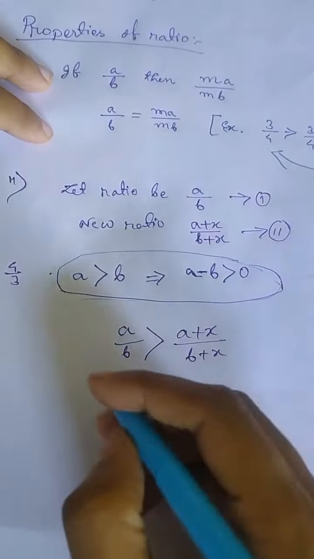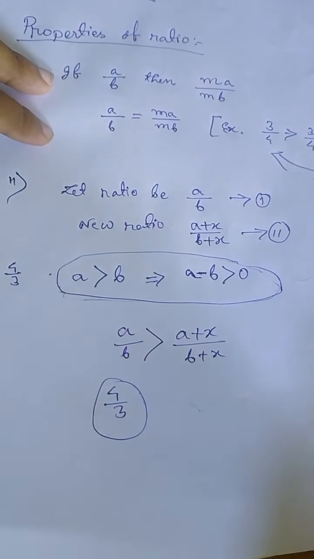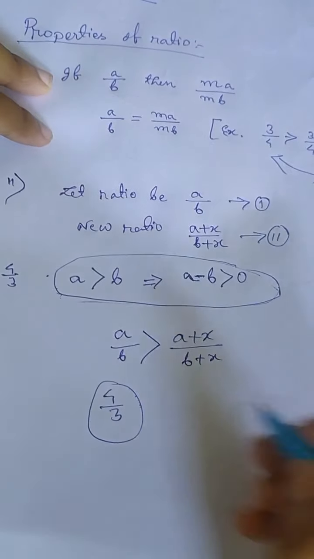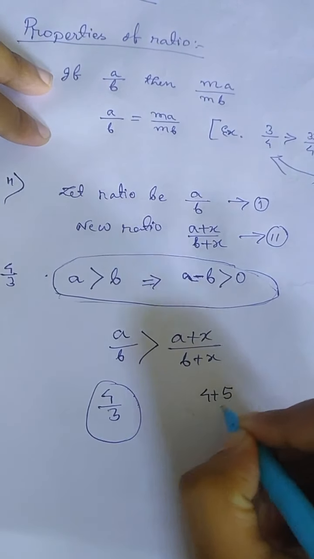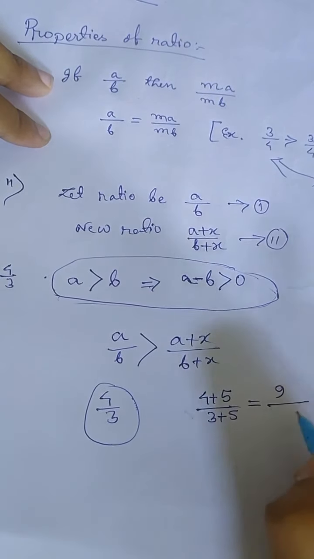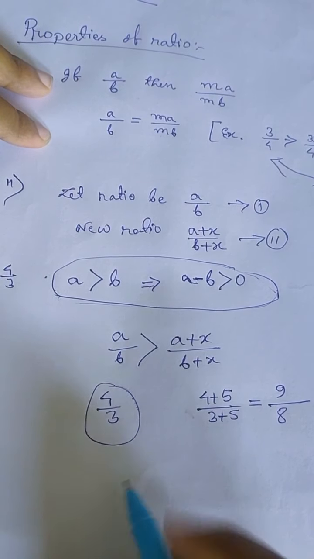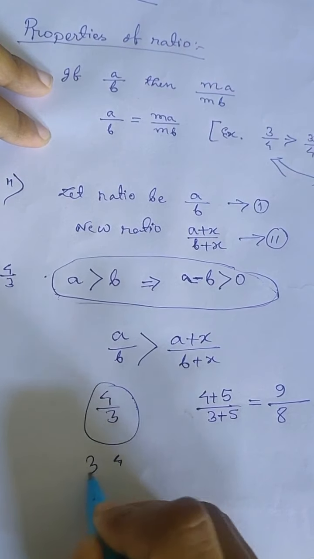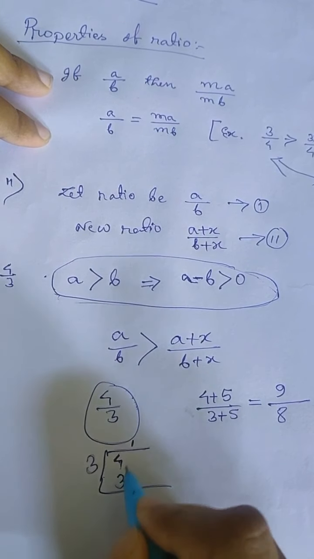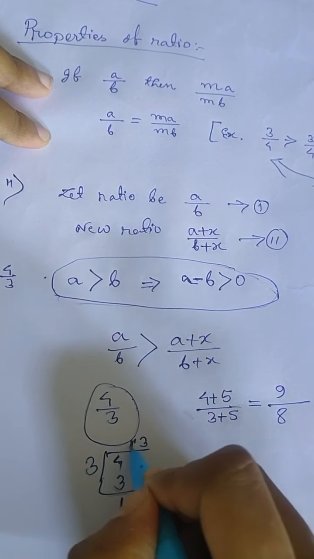We will take an example. In case of 4 by 3, it was the original ratio. Now we will add suppose 5 on both sides. 4 plus 5, 3 plus 5, so 4 plus 5 is 9, 3 plus 5 is 8. So if we divide 4 by 3, we will get 1.3, something like that.